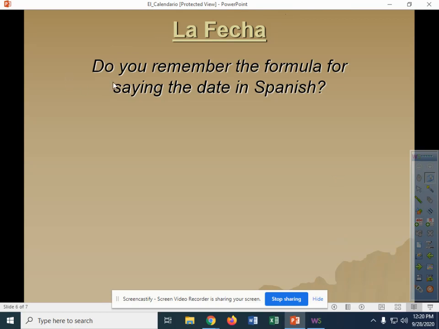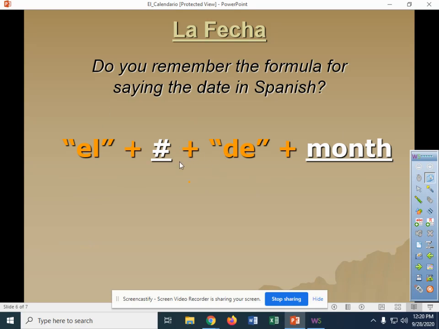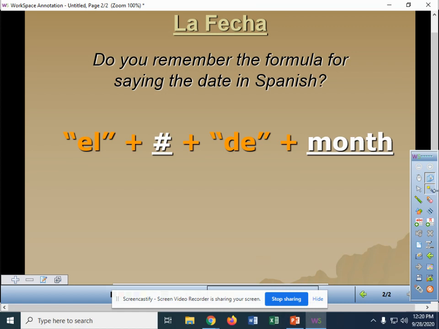So, la fecha. Now, there is a formula when we are learning how to write dates in Spanish. And here it is. So first comes el, and this is in a different color because this does not change. Okay, it's el. Then comes the number.